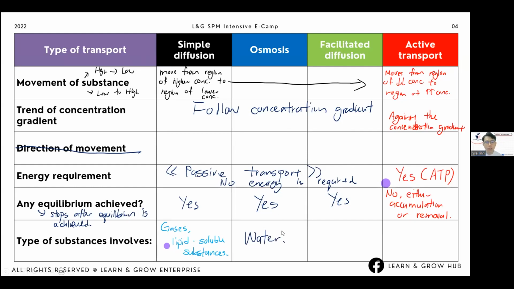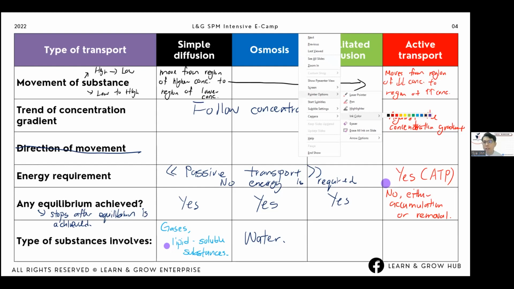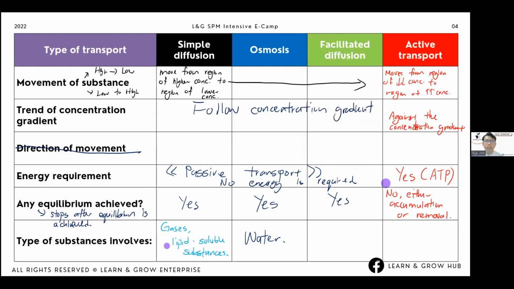And for facilitated diffusion and active transport, it can be the same, depending on the purpose, or whether ATP is involved or not.